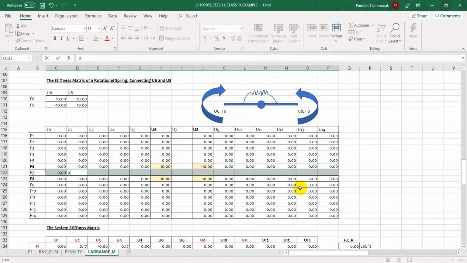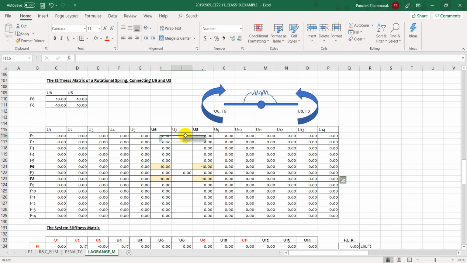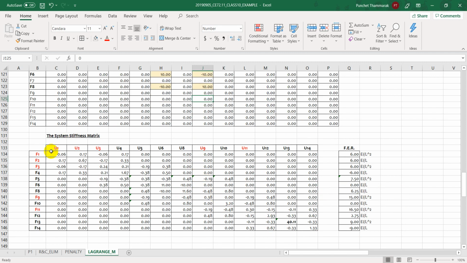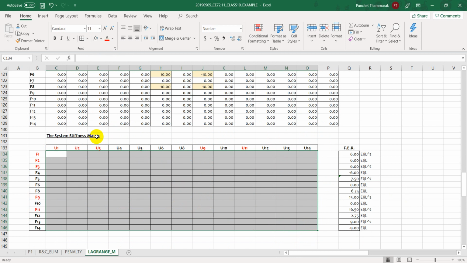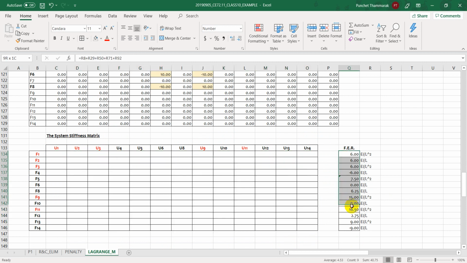Oh, sorry. We need to reassemble the stiffness matrix. Clean it first. Again, clean it. Oh well.